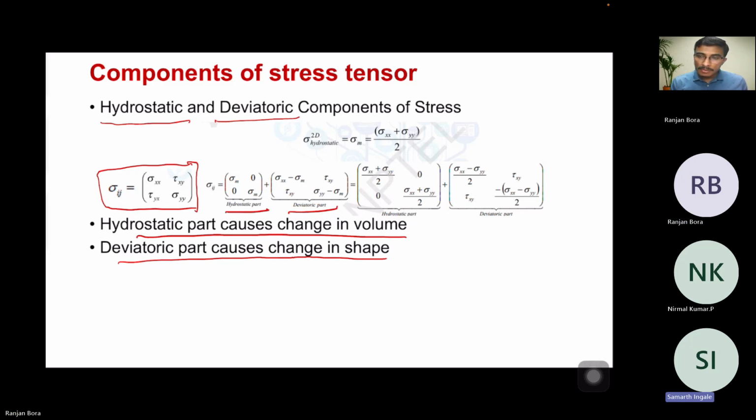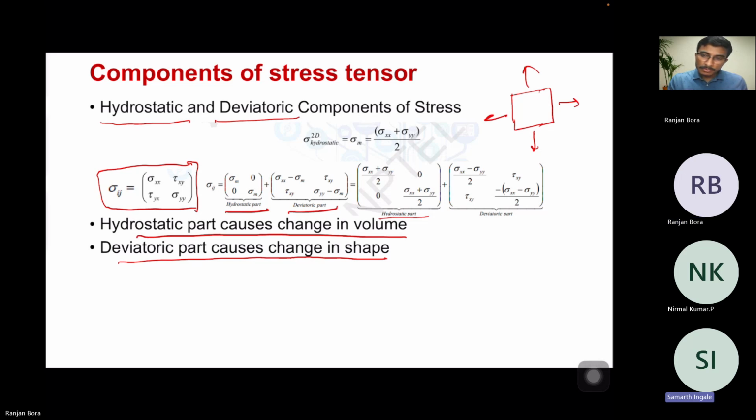Sir, but a change in volume will automatically cause a change in shape. Why are there 2 parts, like 2 different components of stress? Yes. You can see in the hydrostatic part, there is no shear stress, so the stress will always act perpendicular.